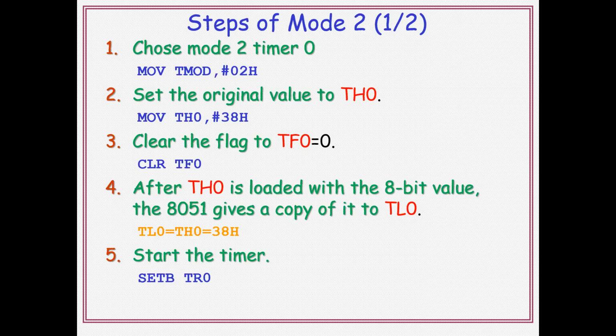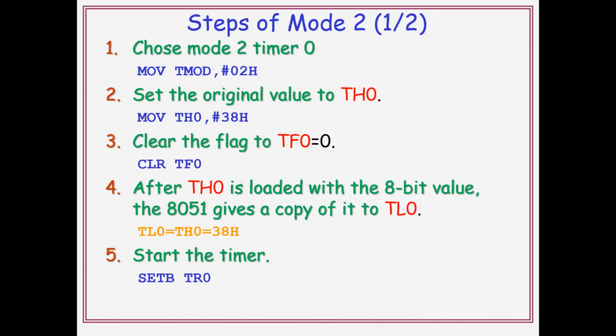The first MSB is the gate selection bit, and the second is the timer or counter bit. The third bit is M1 and the fourth bit is M0, the mode selection bits. That is for timer 1.